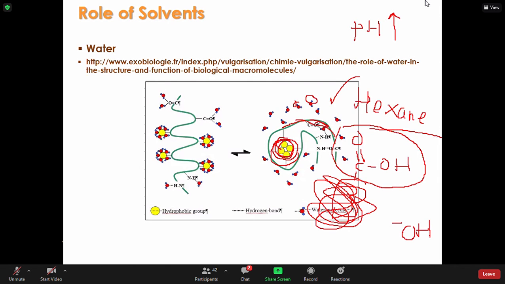Yeah, deprotonation of COOH. So this H will disappear. Yeah, it will become COO minus. So now you have charge in your protein at high pH, and it will impact the whole structure of the protein. Yeah, so that's how pH affects the protein structure.